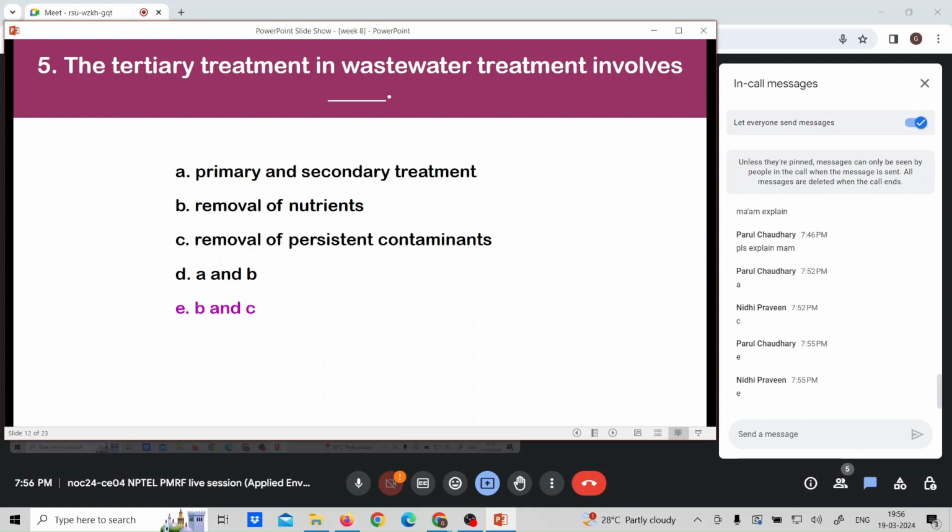DDT. Okay, all these are examples. So persistent contaminants are the contaminants which have longer half-lives.